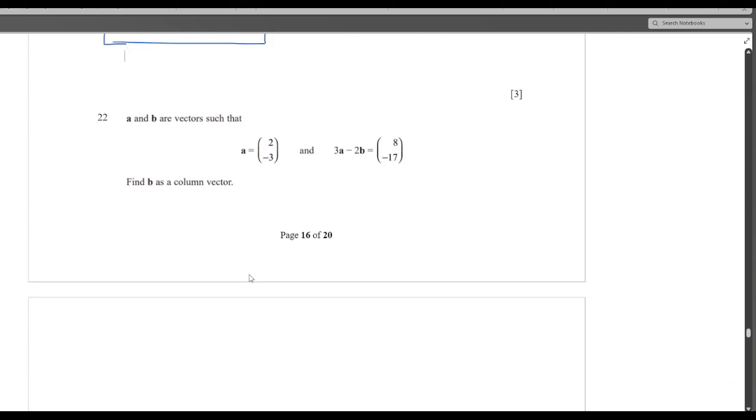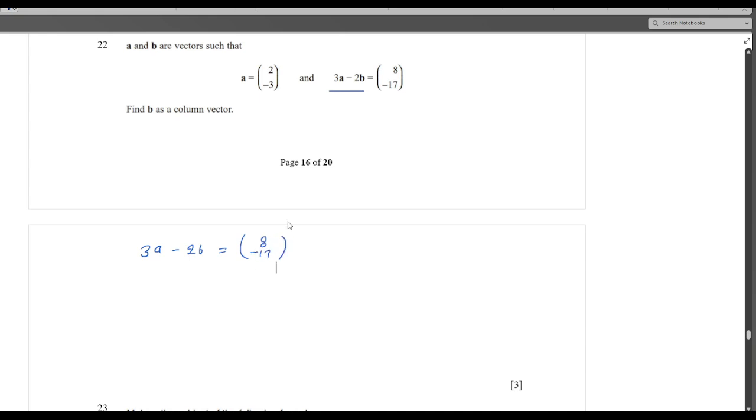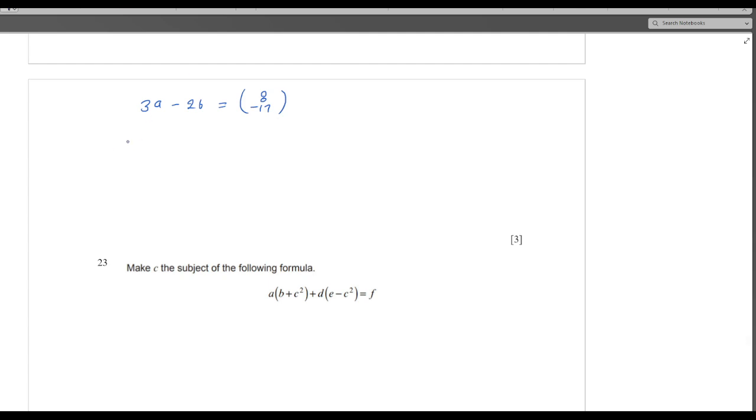Now a and b are the vectors such that a is given 2 minus 3 and 3a minus 2b is given 8 minus 17. Find out b as a column vector. So here 3a minus 2b is given 8 minus 17. So from here I can say that 2b is equals to 3a minus 8 minus 17.